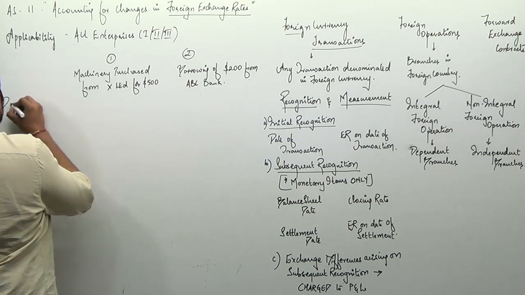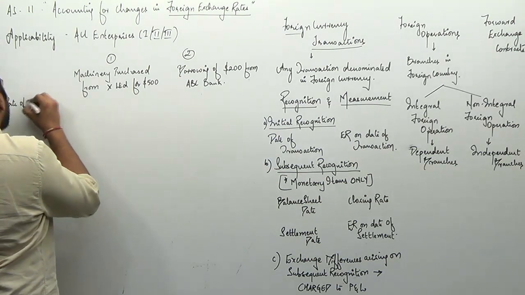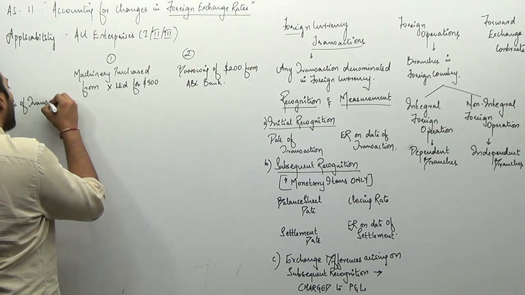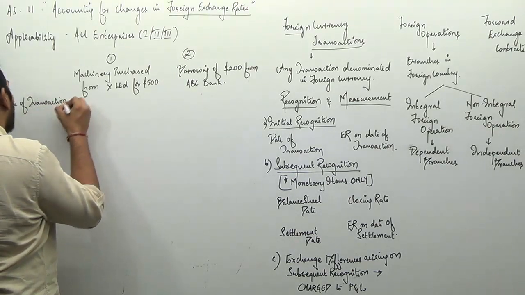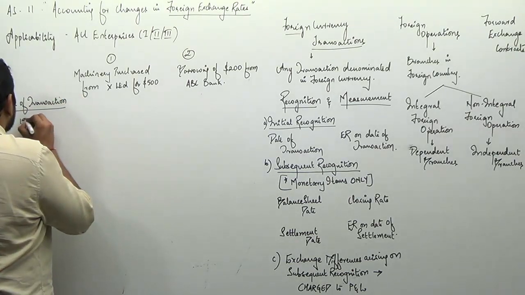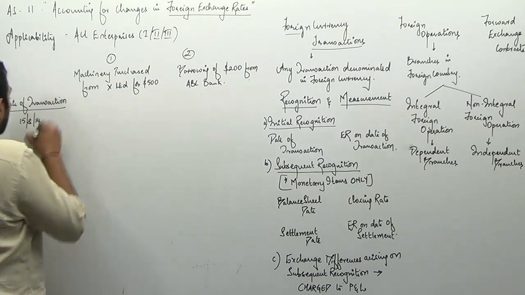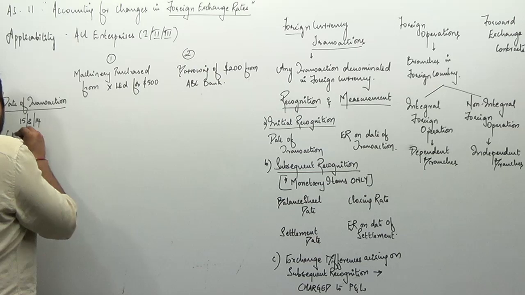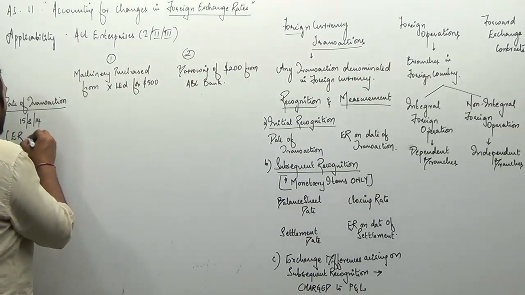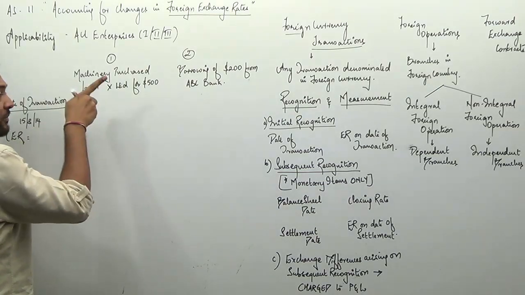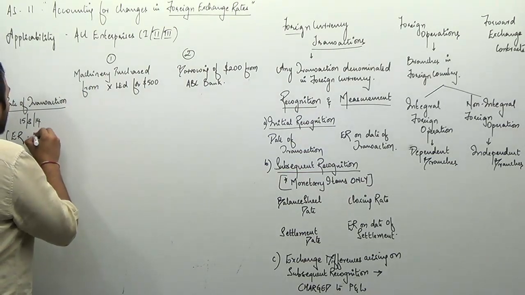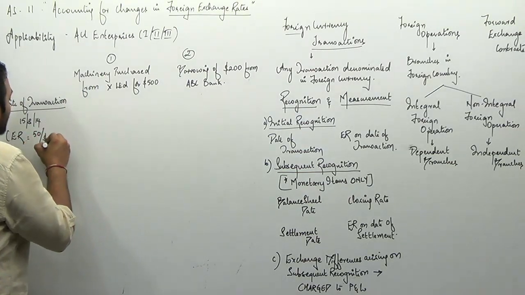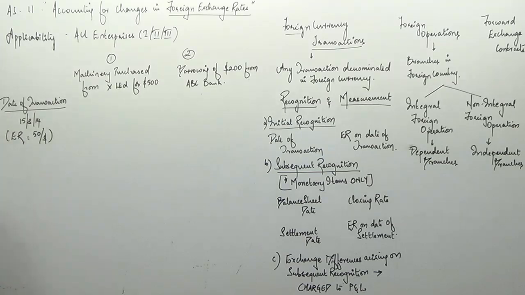Let's say the date of transaction is 15th August 2014. On this day, either the machinery was purchased or the borrowing was done from ABC Bank, and the exchange rate should always be denominated as HC by FC. Let's take it as 50 rupees per dollar. Easier to calculate, guys.